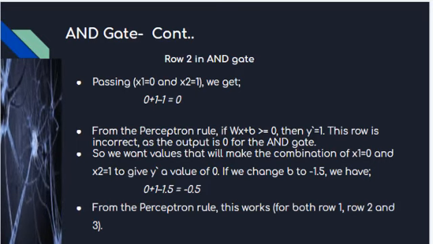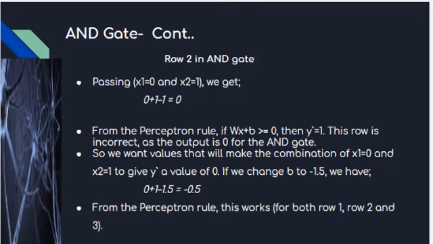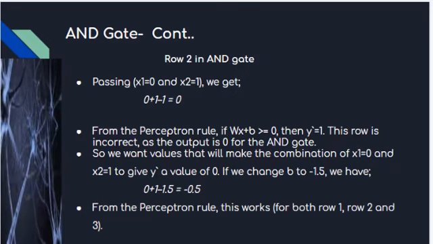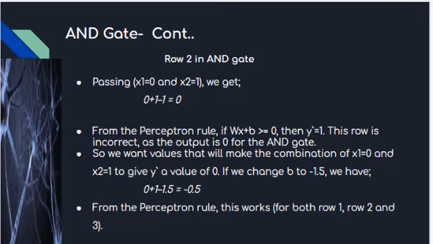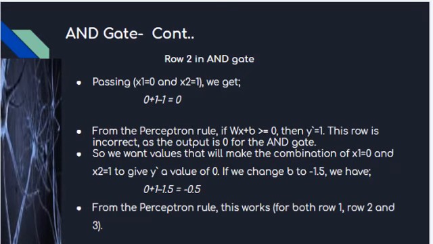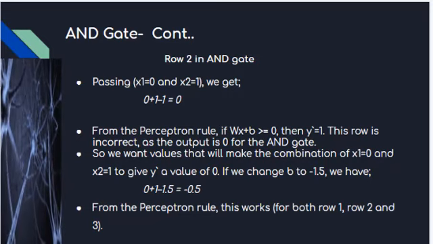Next, take row 2. Passing x1 equal to 0 and x2 equal to 1, we get 0 plus 1 minus 1 equal to 0. From the perceptron rule, if wx plus b is greater than or equal to 0, then y dash equals 1. This row is incorrect as the output is 0 for the AND gate.